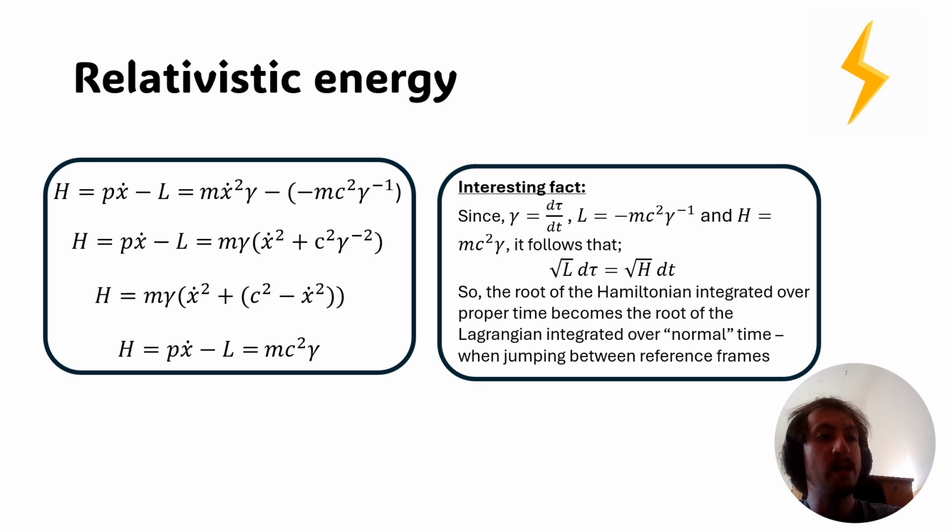If we take the square root of the Hamiltonian and integrate that over coordinate time t, that's equivalent to integrating the square root of the Lagrangian over proper time tau. I'm not too sure exactly what this equation is saying, but I think it's quite cool that the Hamiltonian and Lagrangian seem to be related ultimately through some kind of Lorentz transformation-like thing.